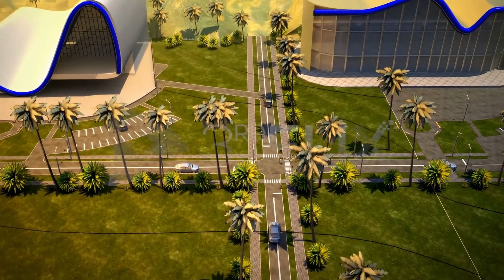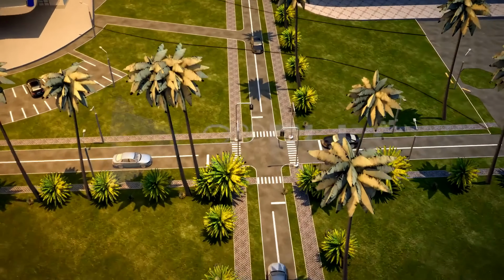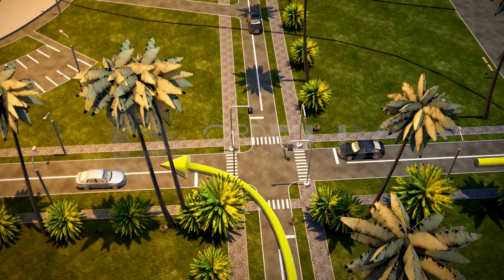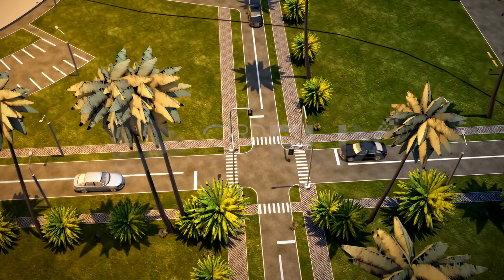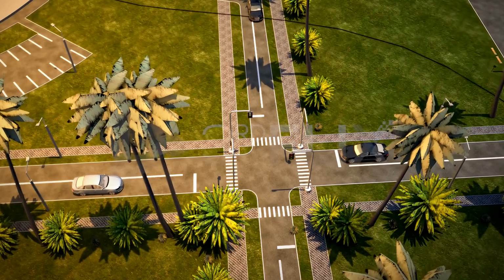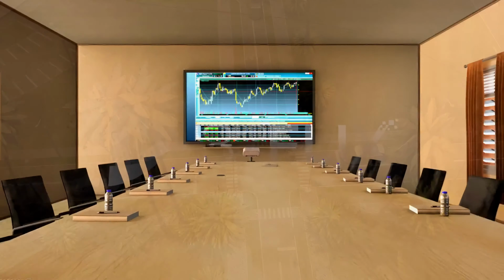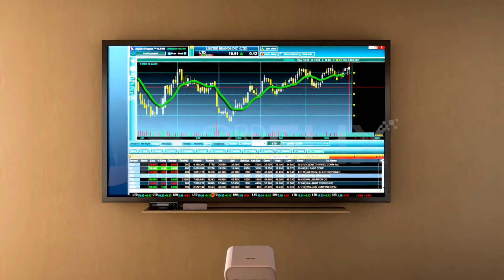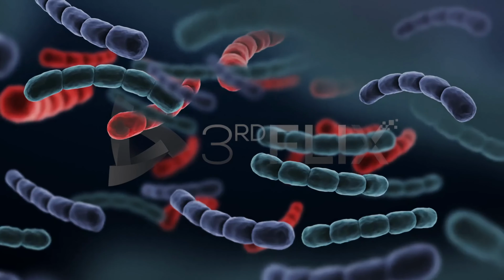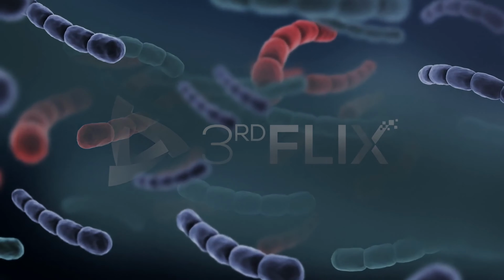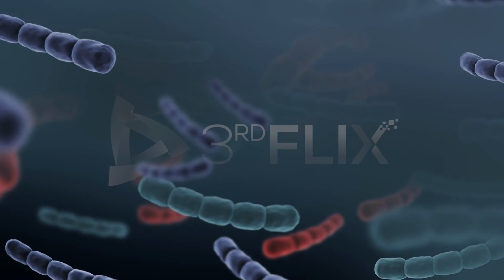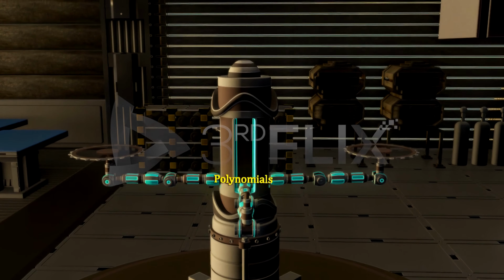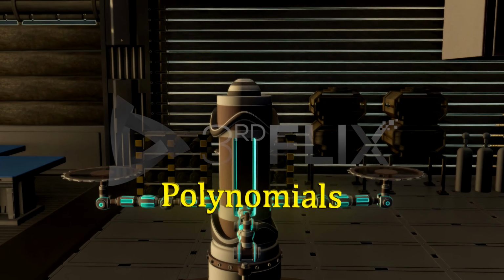Polynomials are also an essential tool in describing and predicting traffic patterns, so appropriate traffic control measures such as traffic lights can be implemented. Economists use polynomials to model economic growth patterns, and medical researchers use them to describe the behavior of bacterial colonies. Let's learn polynomials in detail.